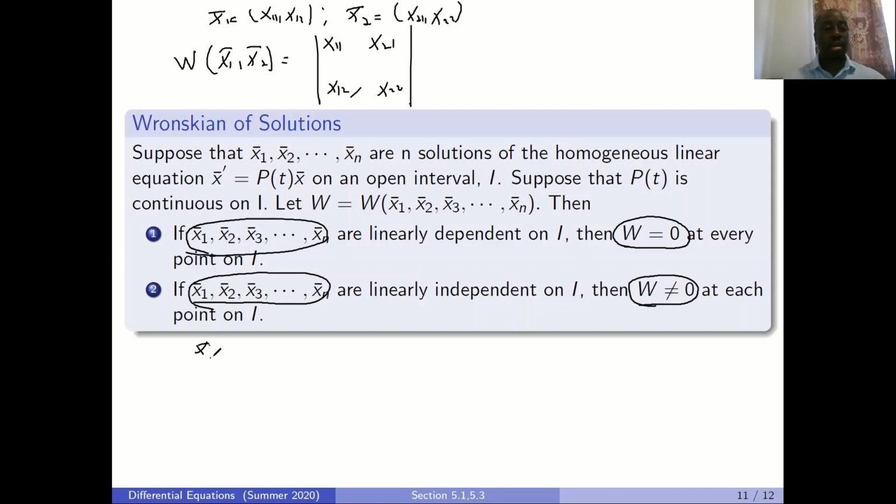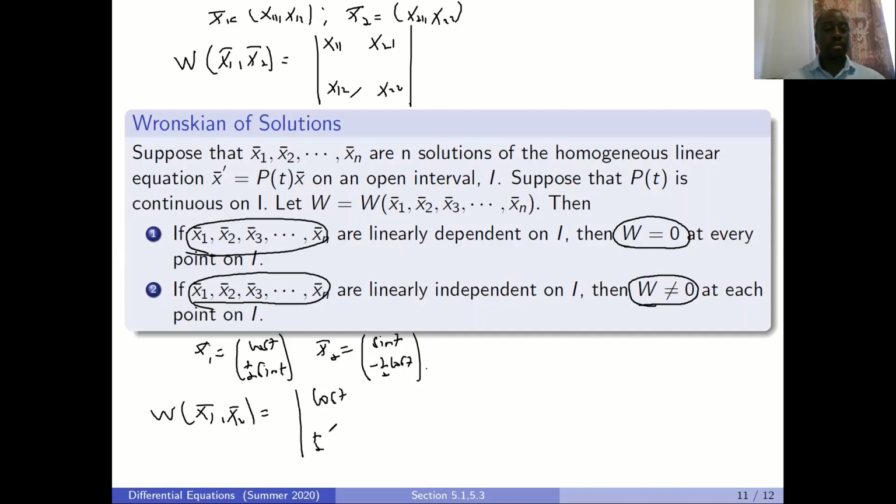We have x bar 1 being cosine of t, 1/2 sine of t, and x bar 2 being sine of t, minus 1/2 cosine of t. We can find the Wronskian. This will be the determinant of cosine of t, 1/2 sine of t, and sine of t, minus 1/2 cosine of t.